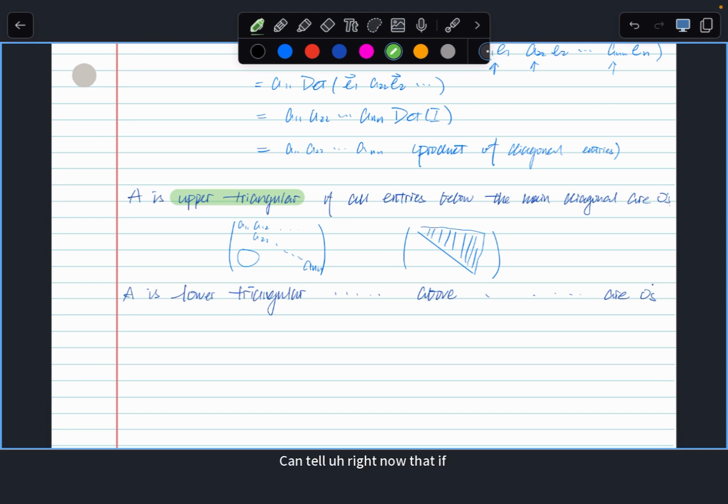So we can tell right now that if A11 is a number, let's say 2, and A12 is a number, let's say 3, then we can basically replace the column A2 with 2A2 subtract 3A1.